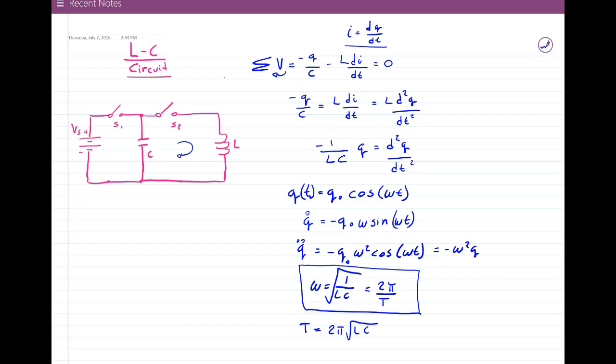Could we find the current flow through the circuit? How would we do that? Yeah, looks like we already found it. It's right there.